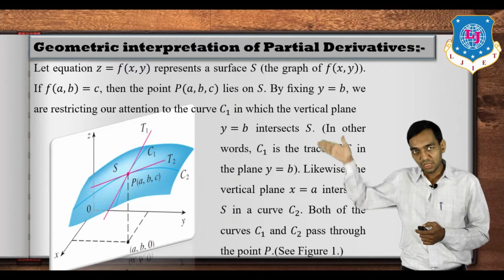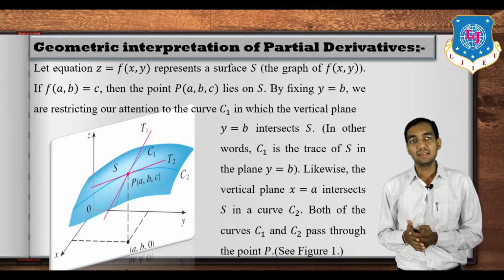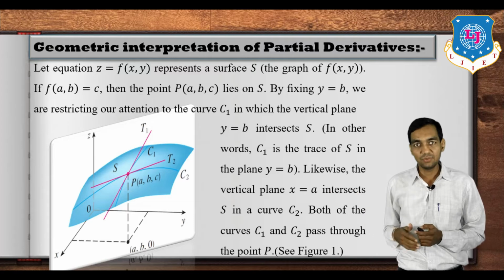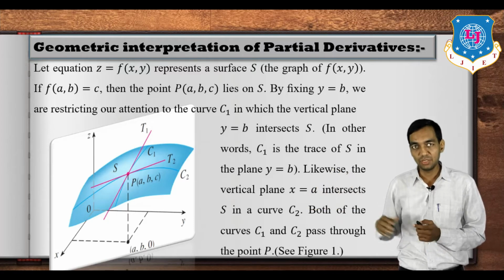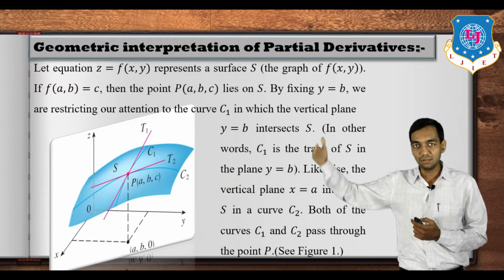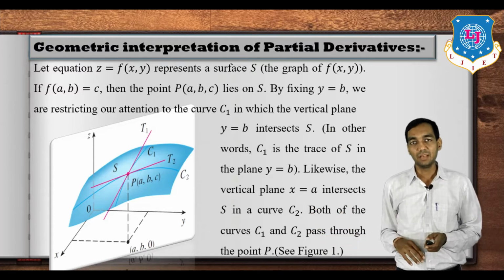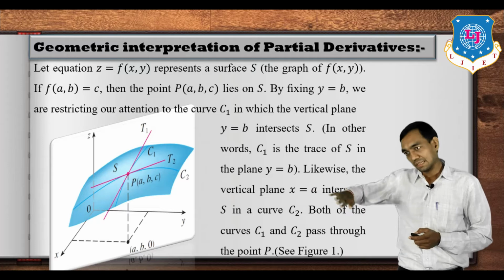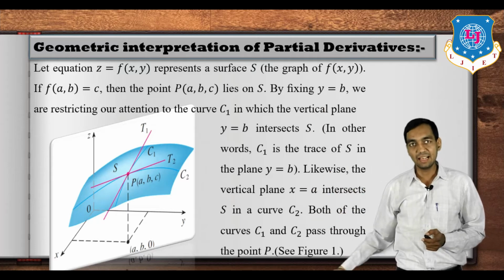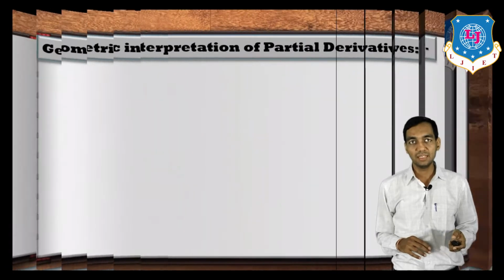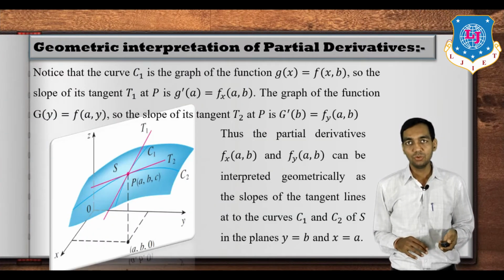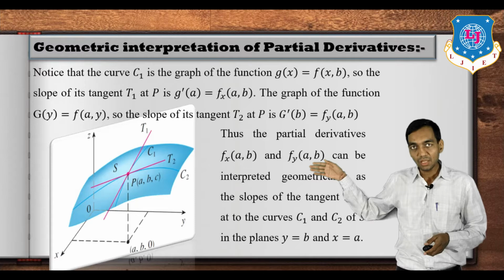In the same manner, if we cut the surface by the constant plane x is equal to a, then you will have the curve C2, which we have denoted here by C2. That curve C2 lies on the surface S as well as inside the plane x is equal to a.